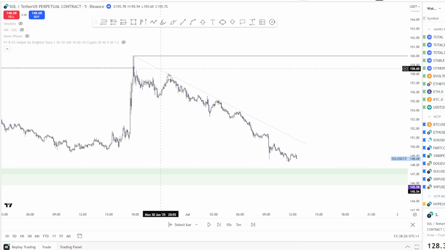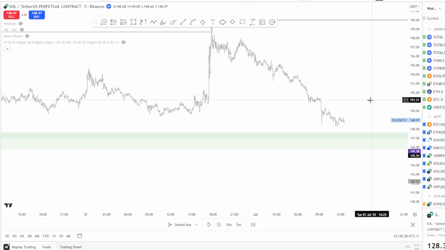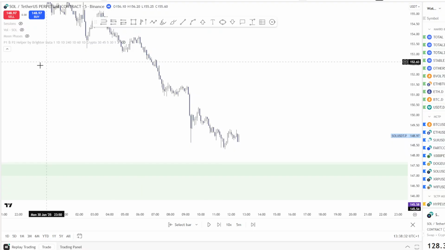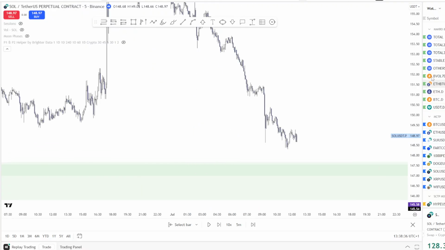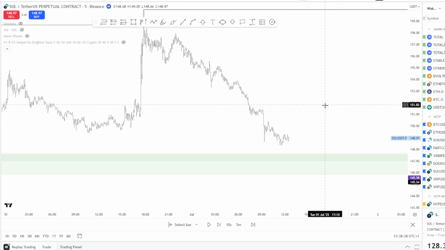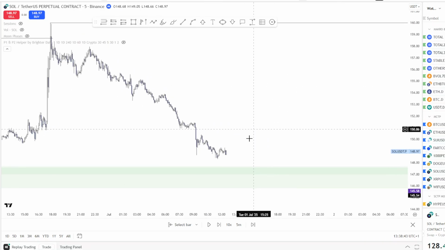Holy shit. This is beautiful. So we can look for something here, but this would be very, very low time frame. Yeah, and there's no valid range here, but let's see.